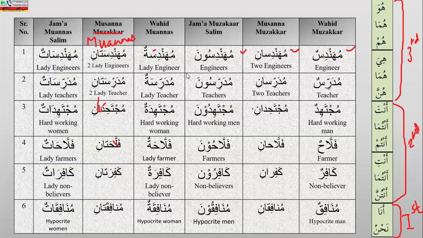Huwa munafiqun, huma munafiqani, hum munafiquna. Hiya munafiqatun, huma munafiqatani, hunna munafiqatun.